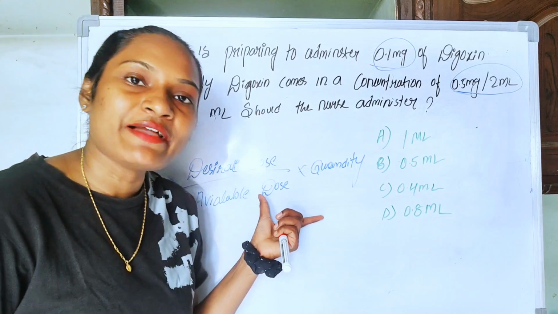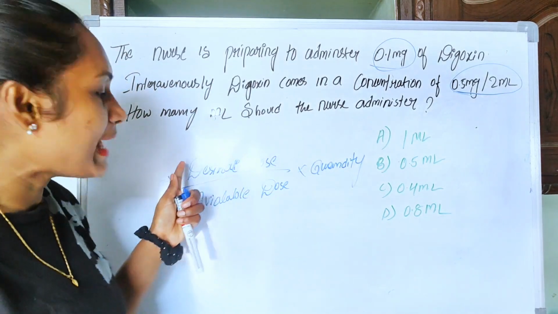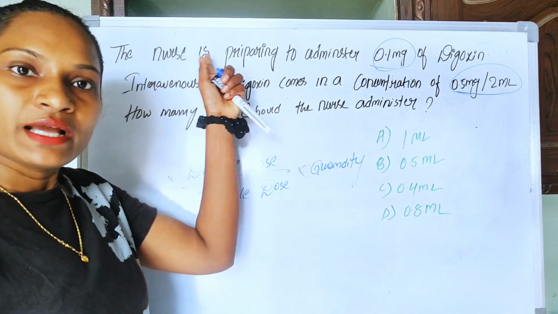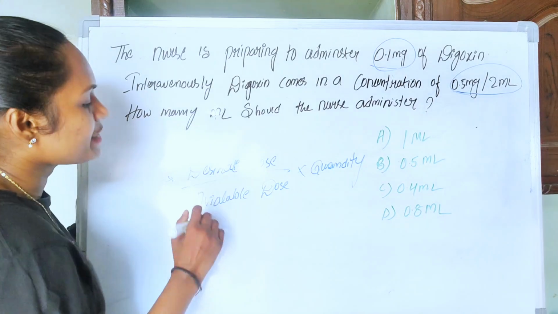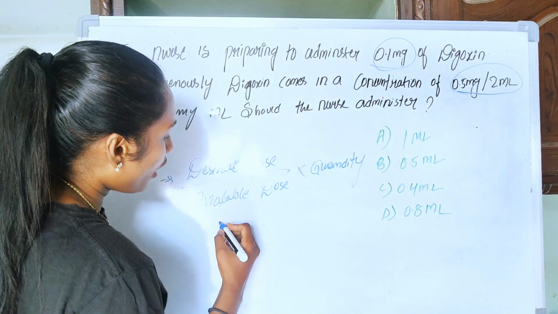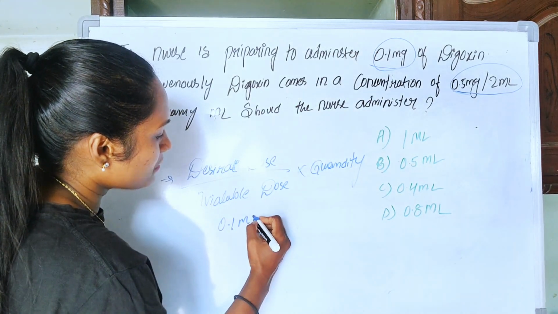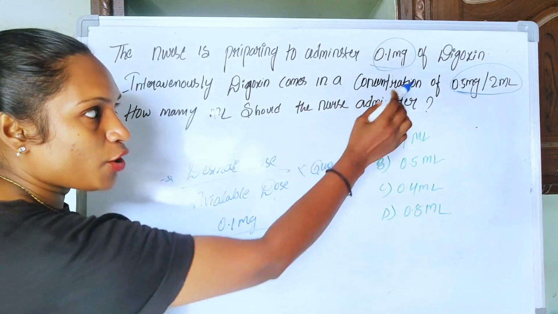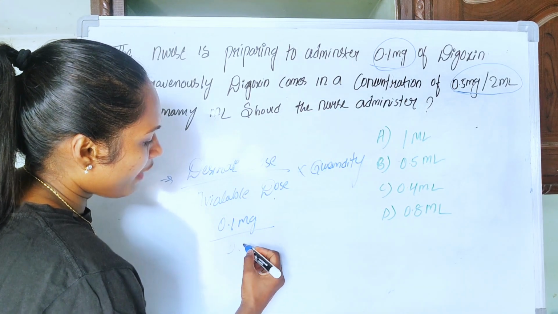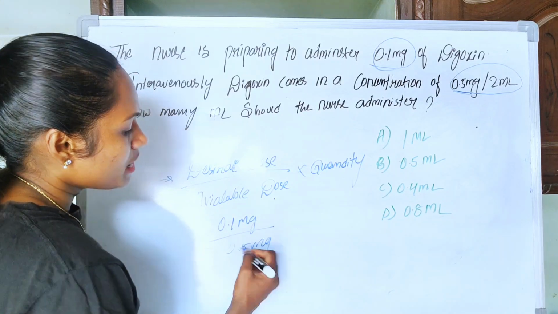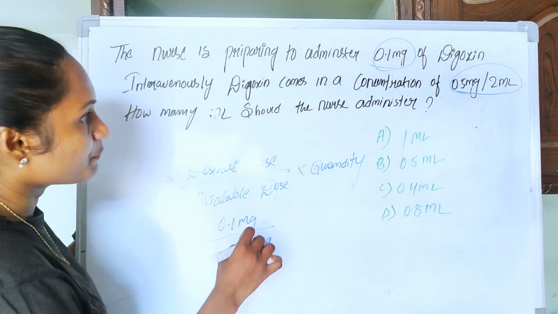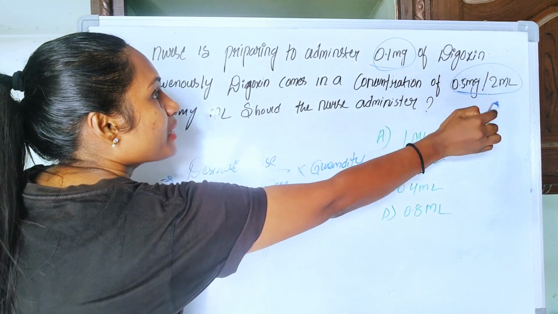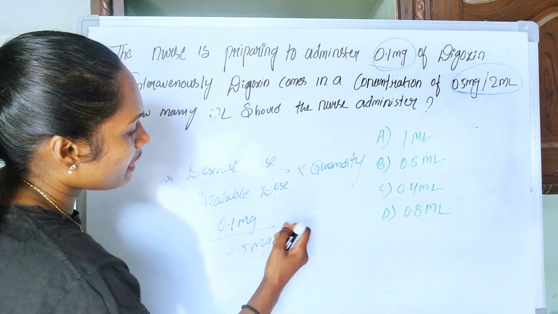Desired dose upon available dose into quantity is the calculation formula for drugs. So here, the desired dose, how much do they want? 0.1 mg they want. Upon available dose, how much? 0.5 mg. On hand we have 0.5 mg. In how much ml quantity is it available?